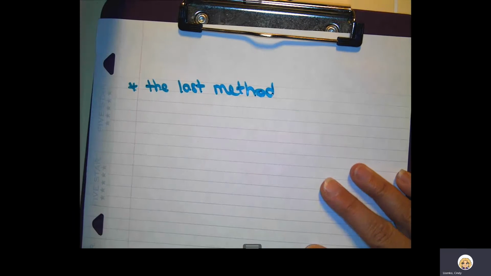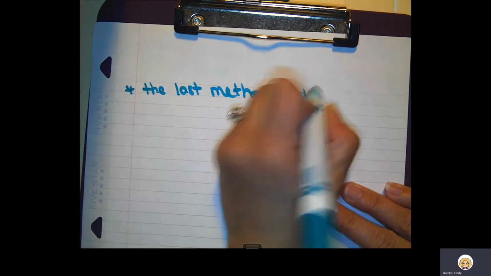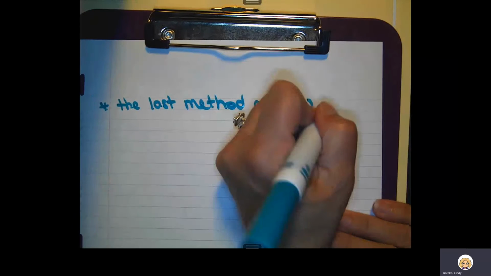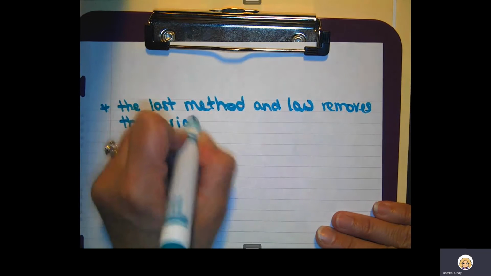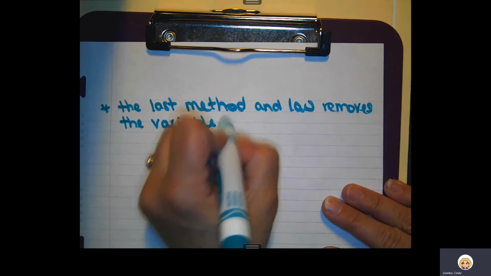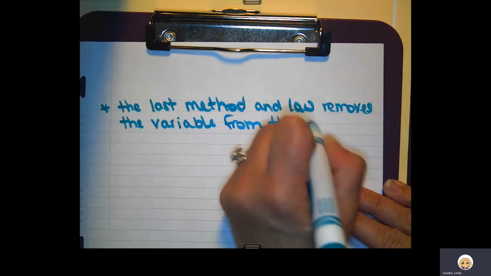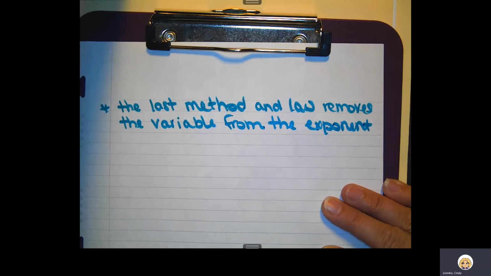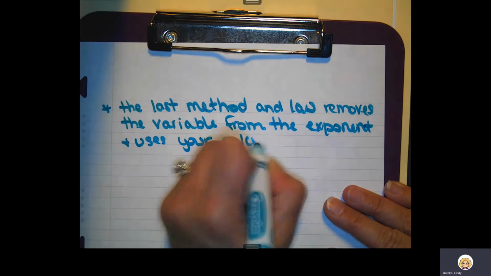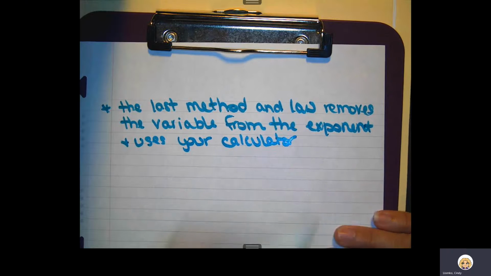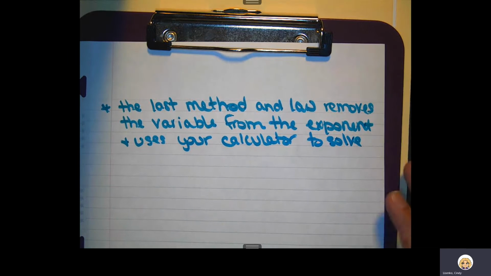And can you write the last method, and law removes the variable from the exponent and uses your calculator to solve. So that's where you have your x as an exponent and you can't find a common base.